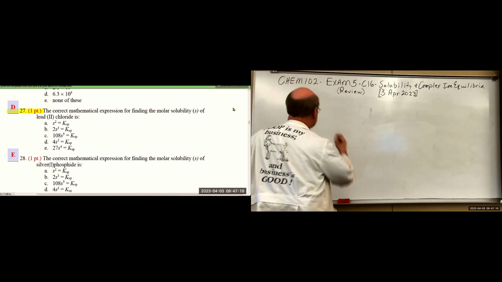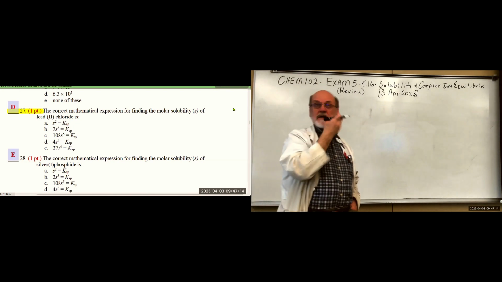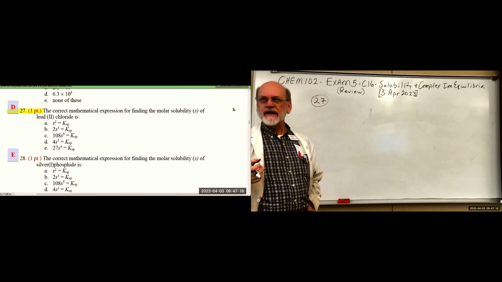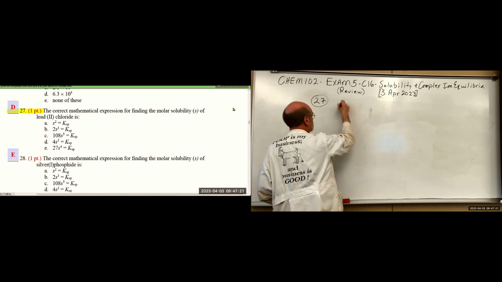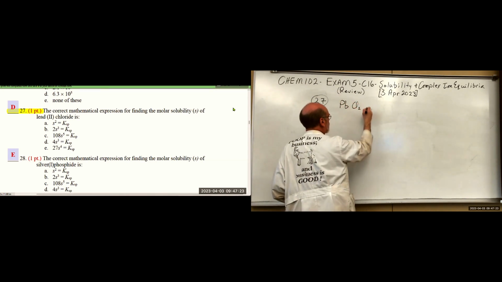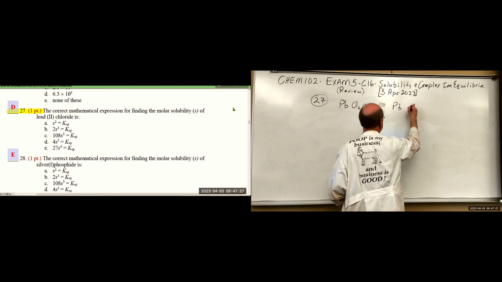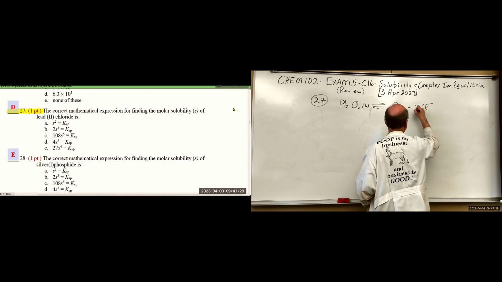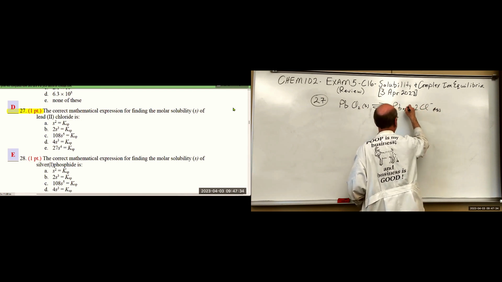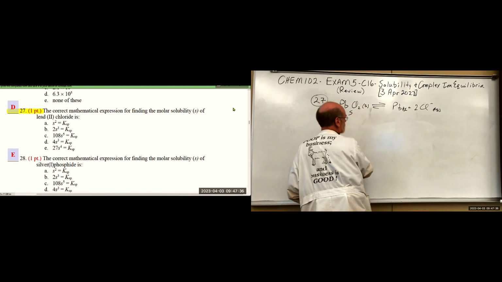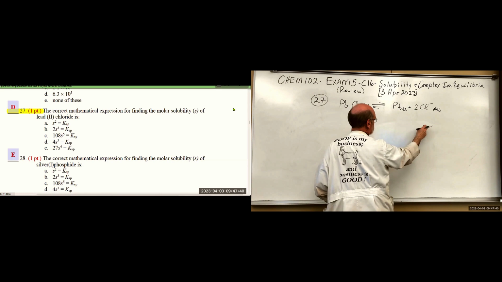All right. Another one. We should be able to knock this one out fast. The correct mathematical expression for finding the molar solubility of lead 2 chloride. So we're going to have lead and chloride aqueous. If this is S, then we're going to have 0, 0. We're going to add an S and add a 2S.